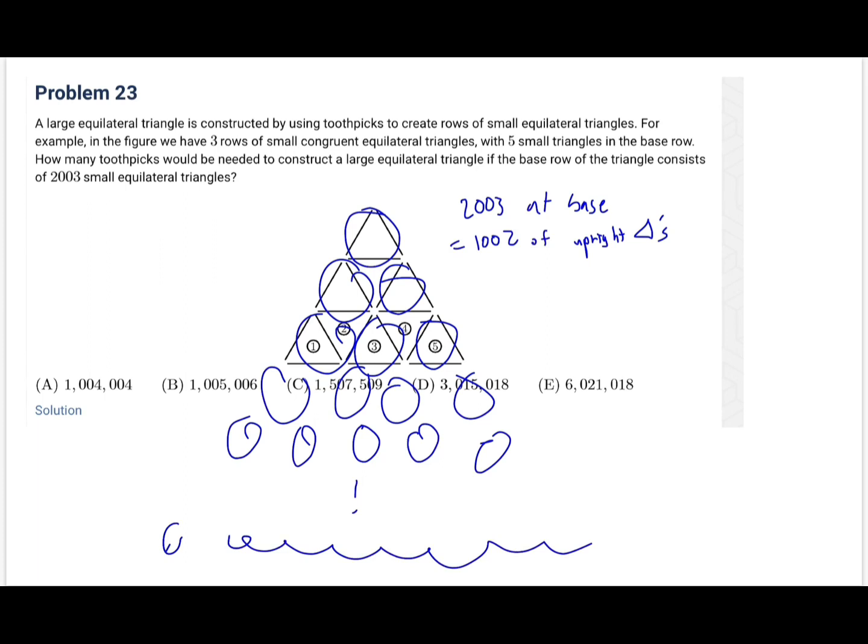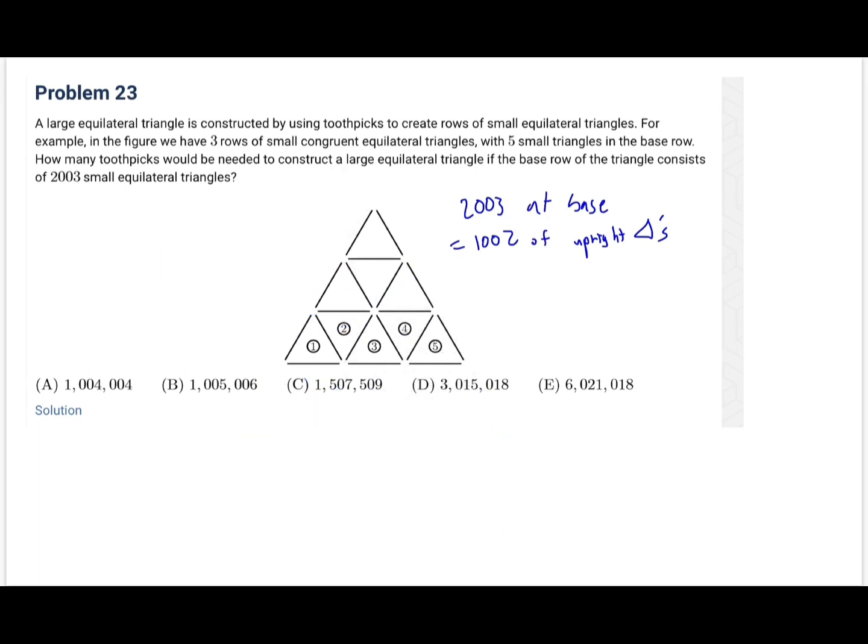How many would that be? So the total number of upright triangles would be 1 plus 2 plus 3 plus all the way to 1002.